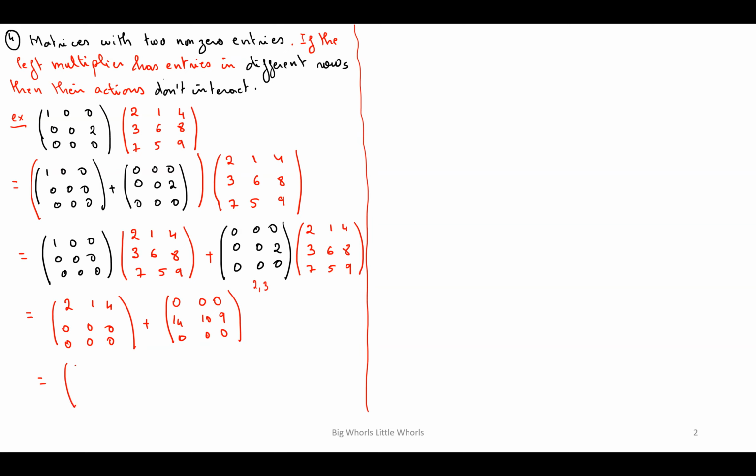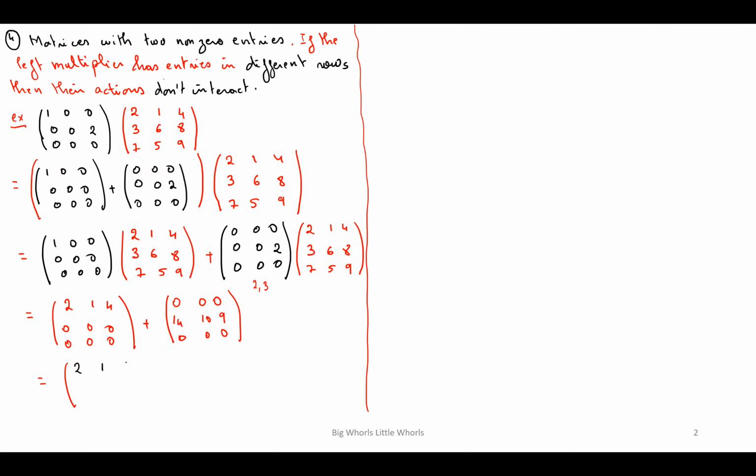So you see they do not interact. Let me write it here. The final answer is 2 1 4. We have seen how to sum matrices: we do the sum entry by entry.